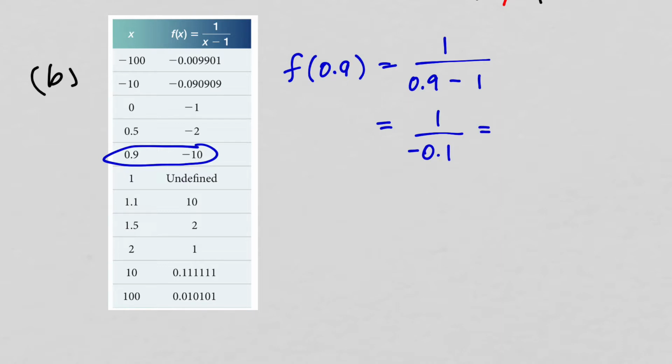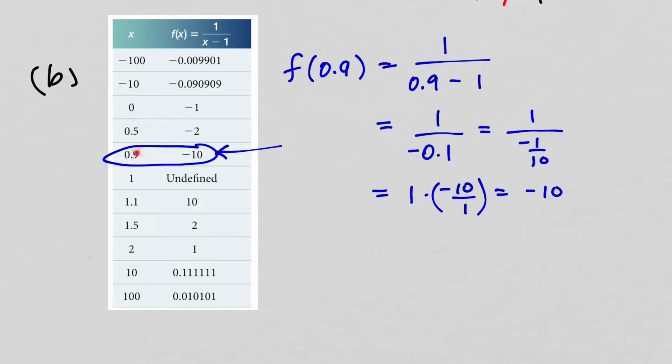And you can do this on a calculator, or you can also do this by hand by just changing negative 0.1 to negative 1/10. And 1 divided by negative 1/10 is the same as 1 times negative 10 over 1, which is negative 10. So that's how they get the function value there.